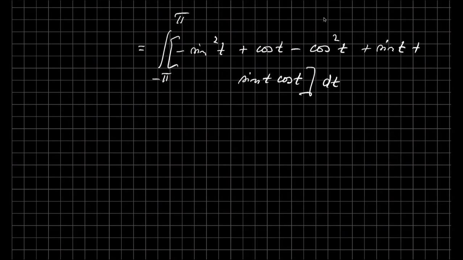And minus sine squared of t minus cosine squared of t is minus 1. So this will be equal to the integral of minus 1 dt, and this is minus 2 pi.